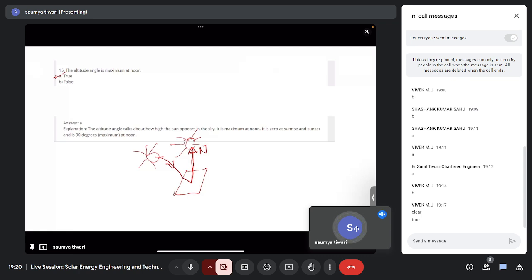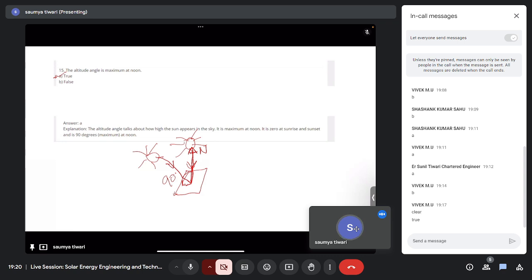So now the solar radiation direction is this, and your altitude angle will be this. So it will be maximum, 90 degrees at noon. Altitude angle talks about how high the sun appears in the sky. So at noon, it is maximum, which is 90 degrees.